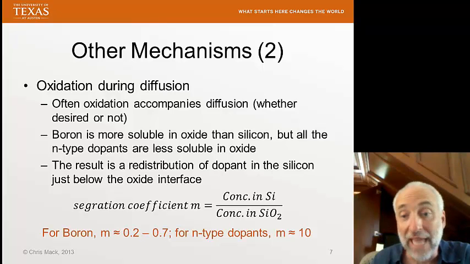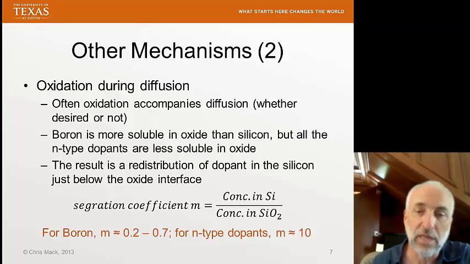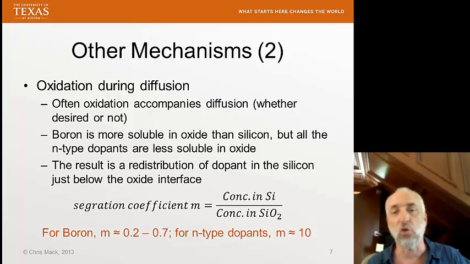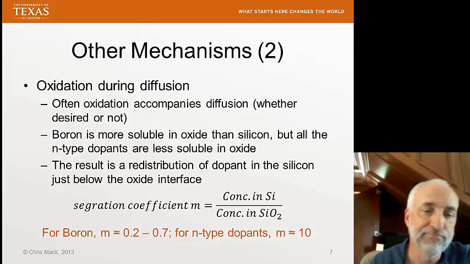But for all of the N-type dopants, M is about 10. That is, the concentration of the dopant in the silicon dioxide will be 1/10 of what it was in the silicon, and the excess dopant will get pushed down into the top surface of that silicon wafer.